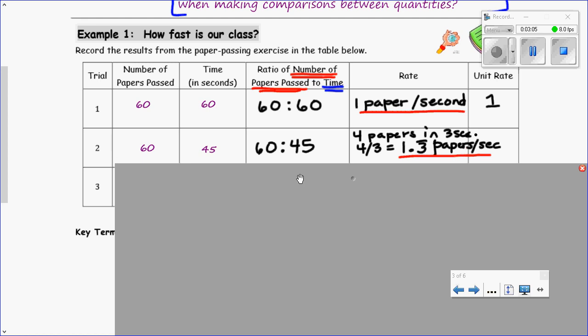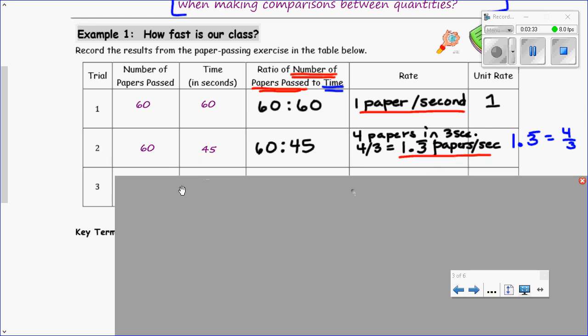You kind of have to think about it. It's 1 second, so that's the part that stays the same. In the second scenario, I can pass out more than 1 paper per second. Not 2 papers, but more than 1. So the unit rate here is 1.3 repeating, which is the same as 4 thirds. You can write it either way. They're the same number. And 4 thirds is 4 divided by 3, so if you type that in your calculator, you'll get 1.3 repeating.